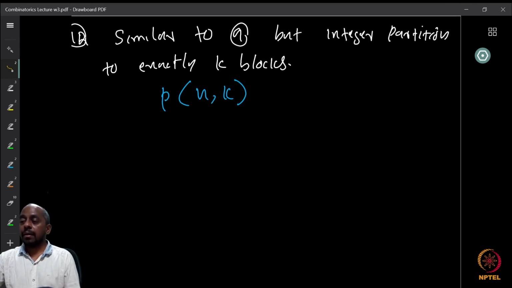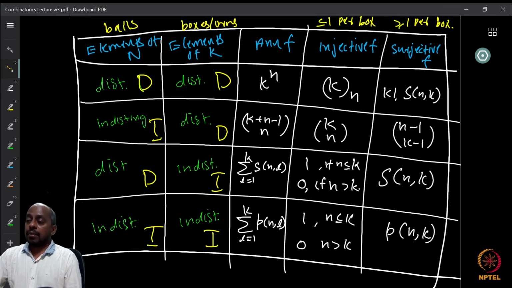So we have the full table here now. We have the balls which are distinguishable or indistinguishable, and the boxes which are distinguishable or labeled. Then you have any function, which means unrestricted distribution. You have at most one per box, which is injective functions. You have at least one per box, which is surjective functions. So these are the 12 cases, and we have filled up all the entries.